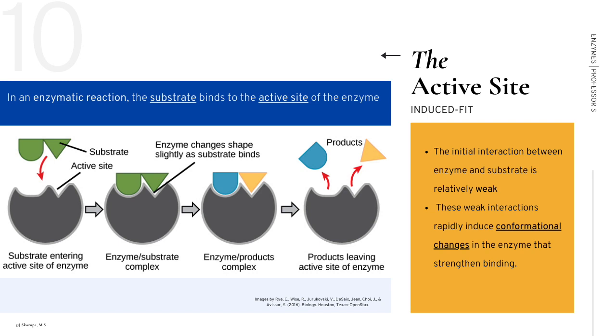In this theory, the initial interaction between enzyme and substrate is relatively weak, but these weak interactions will rapidly induce a conformational change in the enzyme, which will strengthen binding. This simply means that the enzyme is induced to change its shape to better fit the substrate.